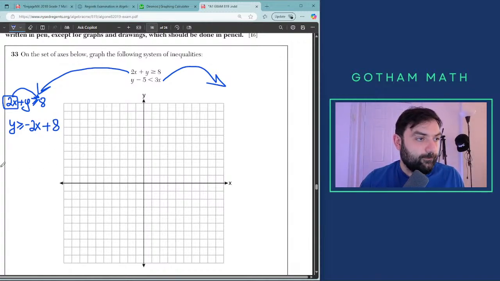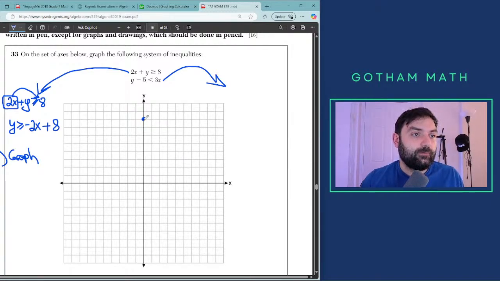Step 2, graph it. How do you graph it? Well, if you know how to graph linears, you will know how to graph this. You go to where y equals 8, to the y-intercept, and then you use your slope, negative 2, as down 2 and 1 to the right.